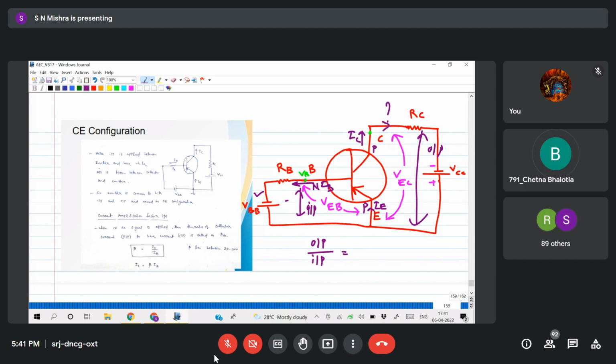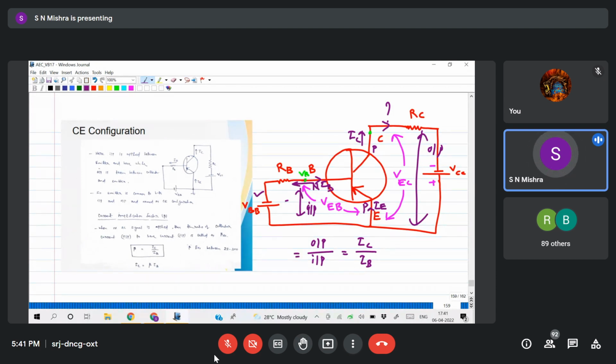IC. Input side, what is my current? IB. The direction is opposite, but we'll take the magnitude. So IC by IB is your gain or amplification factor.